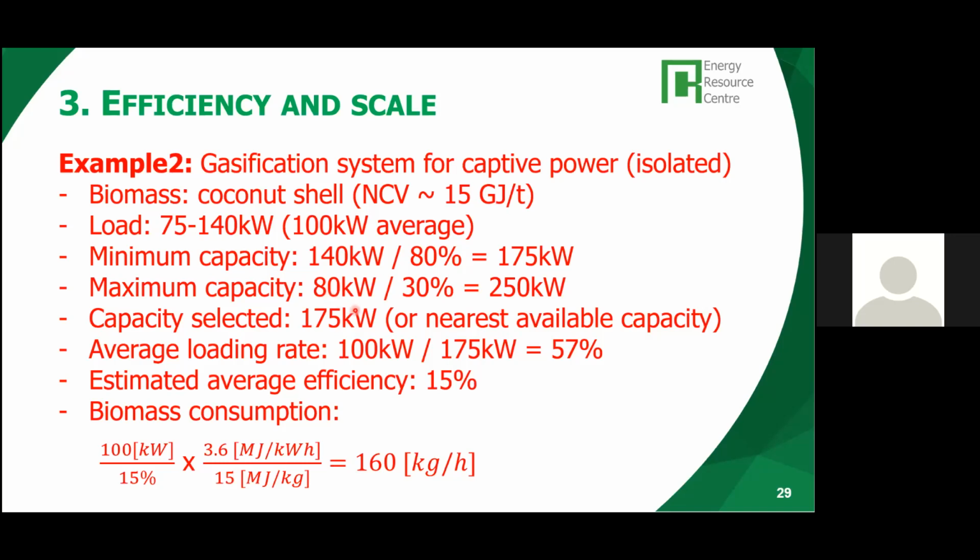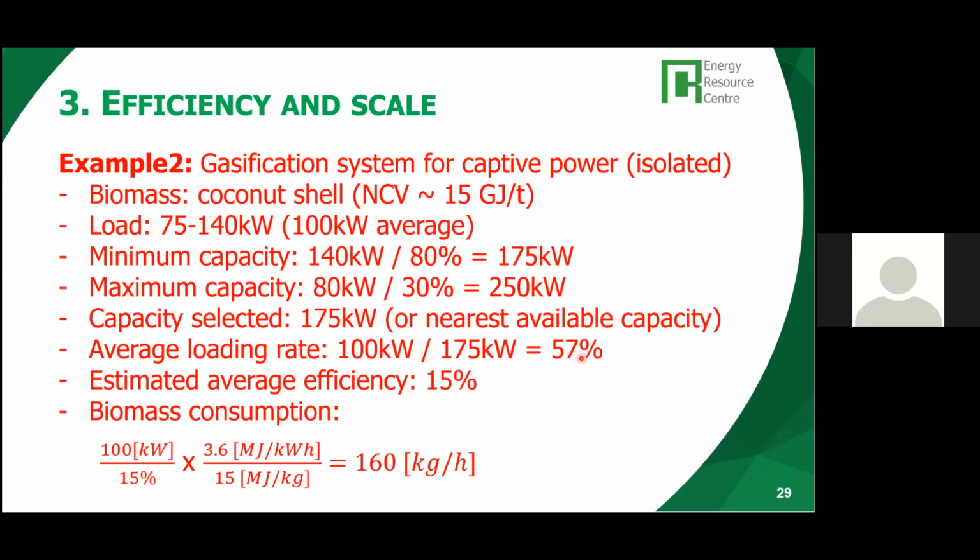Now, if you would select a capacity of 175 kilowatts, or the nearest available capacity, based on the maximum current loads, then you could have an average loading rate of 100 kilowatts, which is the average load, divided by 175 kilowatts, the system capacity.